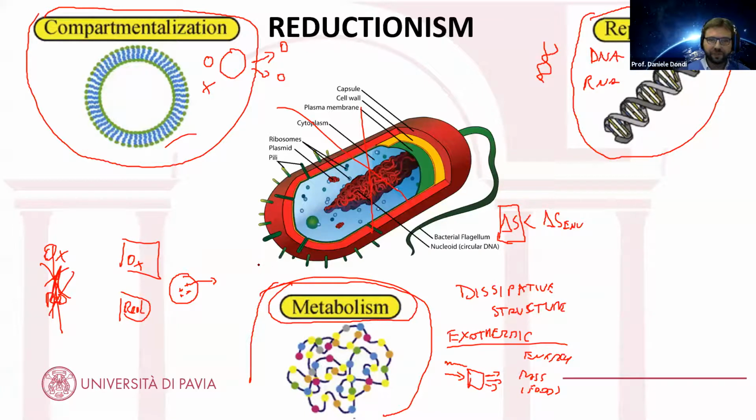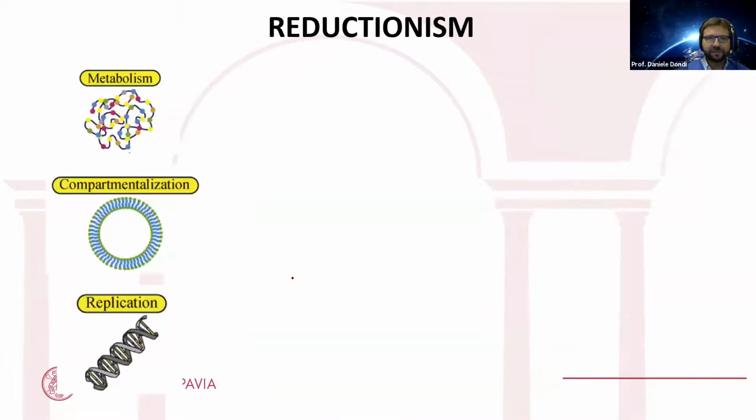For the origin of life, you need something that is able to evolve, something that can do better and reduce the entropy more. So we reduce. Okay, so we have these three topics. We think about all these three. Then I will introduce another one.